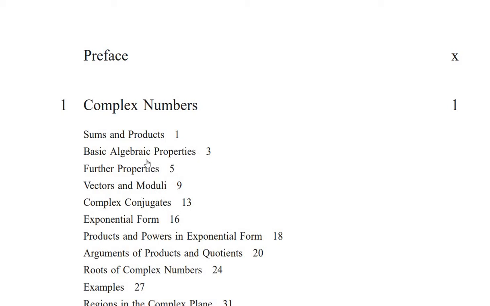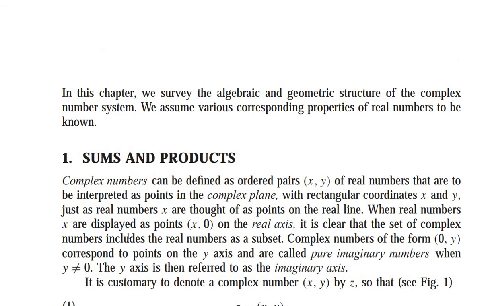Let's start. First of all, what is a complex number? A complex number can be defined as an ordered pair, that is x and y. The x and y are both real, and we call x the real part and y the imaginary part.